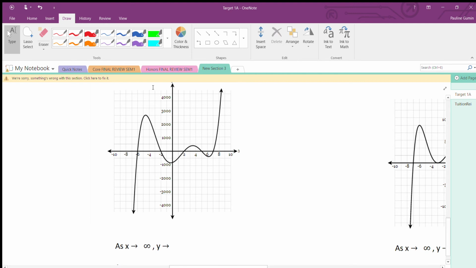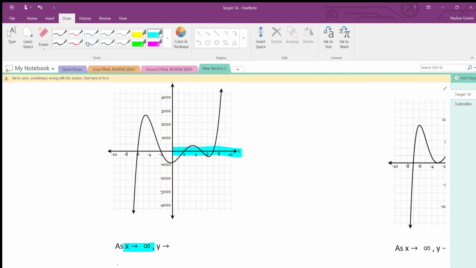Let's do this. Okay, so first thing we have is as x approaches infinity. Well, where does x approach infinity? It approaches it on the right-hand side of the graph. Because if we keep going to the right, as you can tell by the numbers listed, x's keep getting larger. So what's happening to our y's?